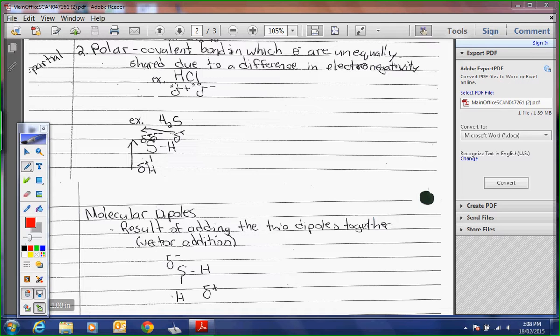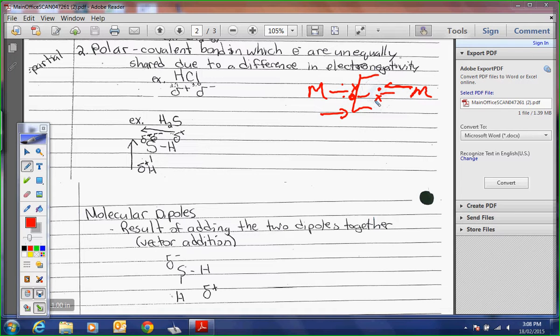So let's just imagine I've got a little mouse, a big elephant, and a little mouse. And the elephant hogs up the donuts, right? So this shared pair is going to go close to the elephant, and this shared pair here is going to go close to the elephant as well.